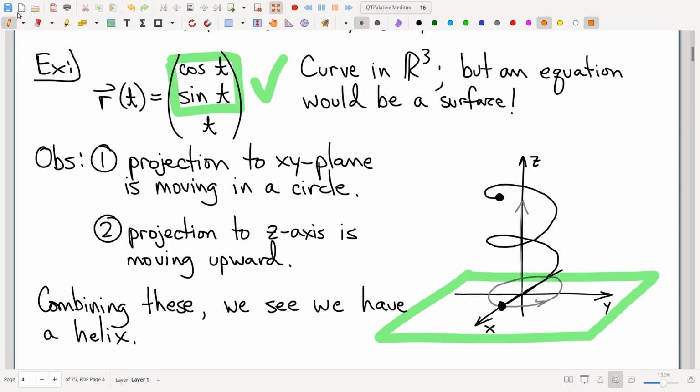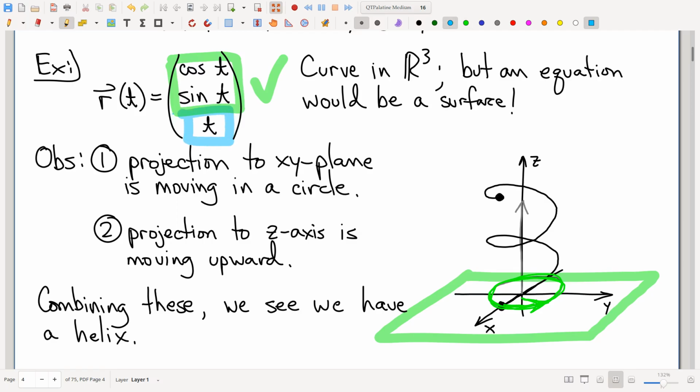Let's see if I can switch to the pencil mode here. It's telling me that the x and y coordinates are kind of moving around in a circle. Sort of like that. Now, it doesn't tell me anything about what's happening vertically, right? The x and y coordinates are only telling me about the projection in the xy plane.